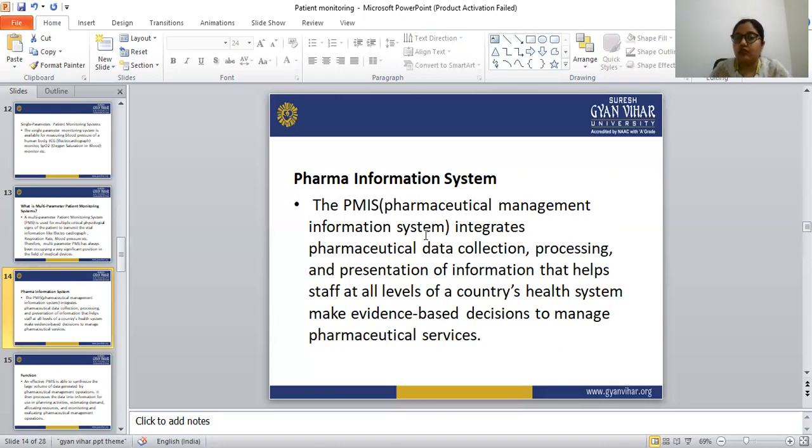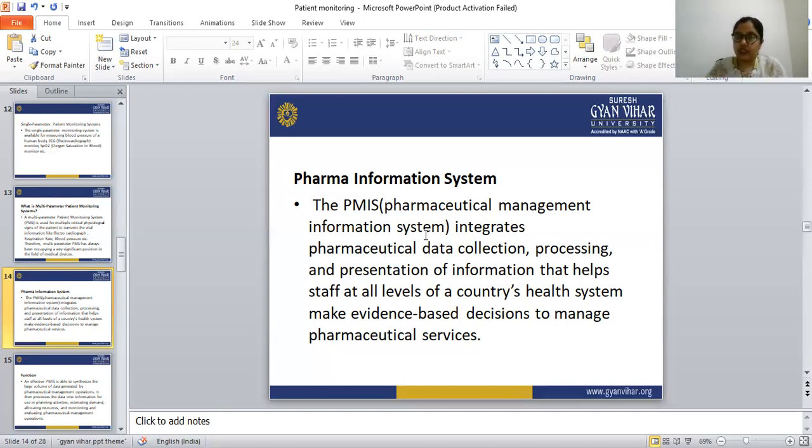So in this pharma information system we are using the computer. The computer plays a vital role in the pharma information system. So the first point is the clinical screening. In clinical screening, it keeps track of all the drug interactions, drug allergies, and drug-food interactions.